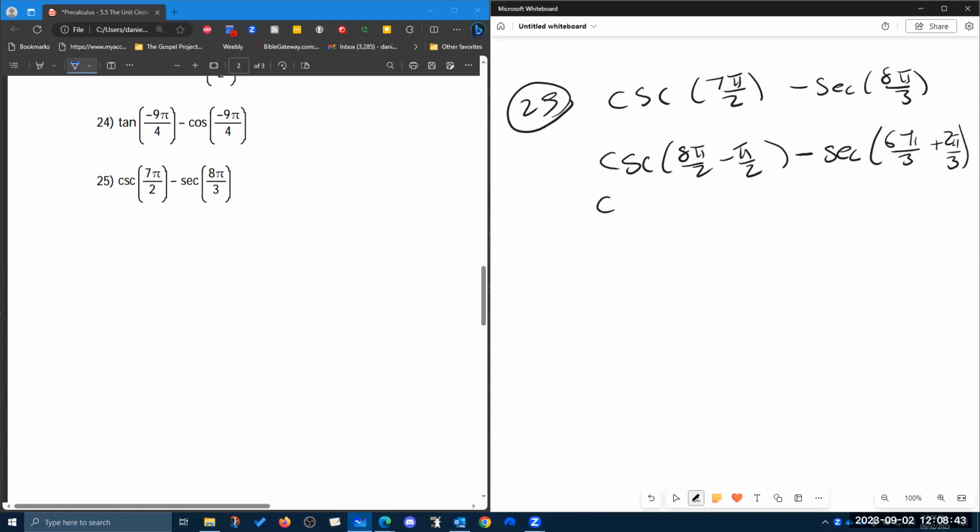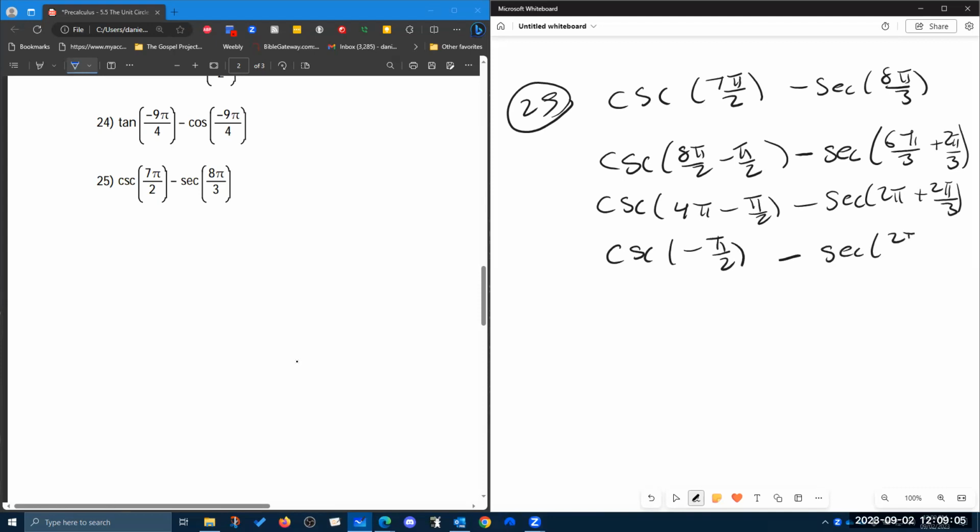That gives me cosecant of 4 pi minus pi over 2, minus secant of 2 pi plus 2 pi over 3. That's going to give me cosecant of negative pi over 2 minus secant of 2 pi over 3.